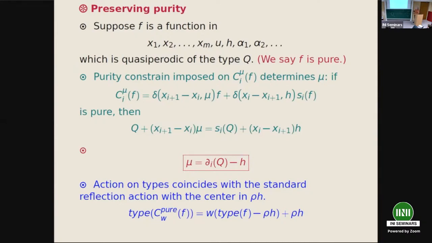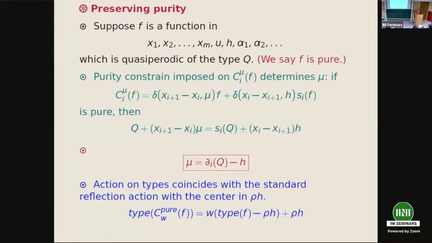So, okay, this is the operator again. But if we want this to be pure, then mu is determined uniquely. Suppose this has quadratic form Q, and this expression is the difference times mu.